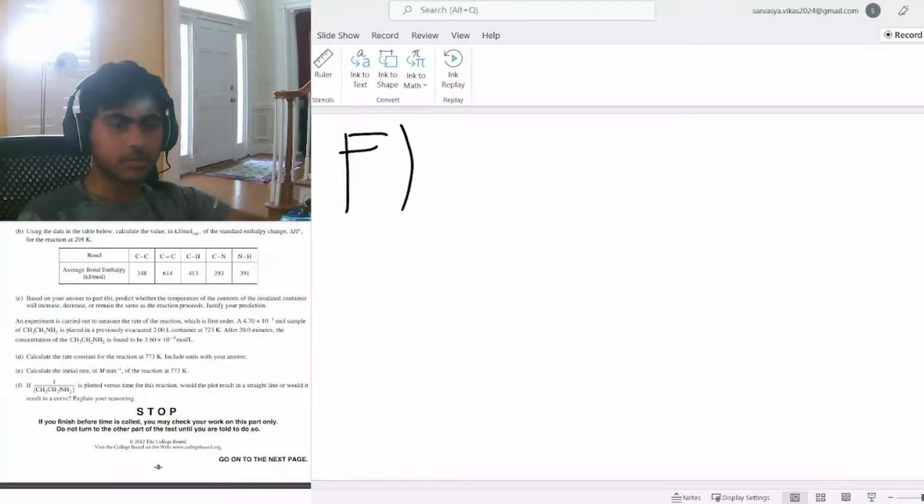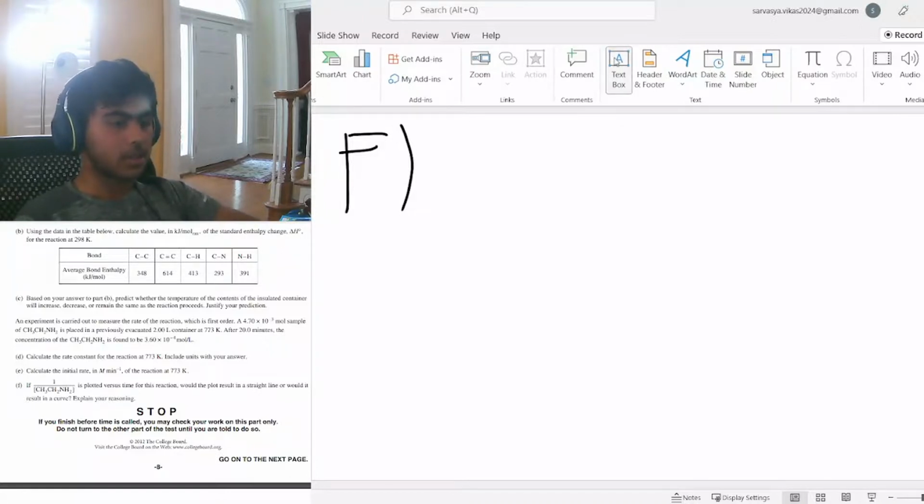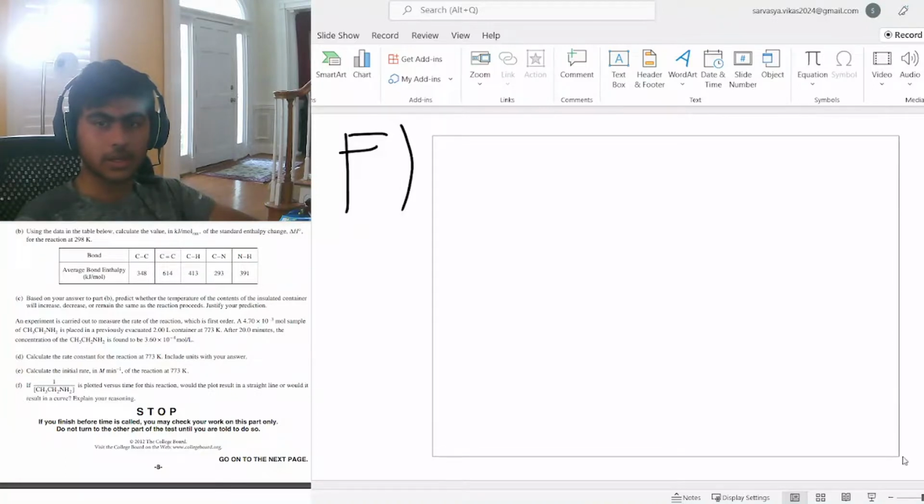It says, if 1 over CH3CH2NH2 is plotted versus time for this reaction, would the plot result in a straight line or would it result in a curve? Explain your reasoning. Well, let's see. Make a text box so we can get our thoughts down.